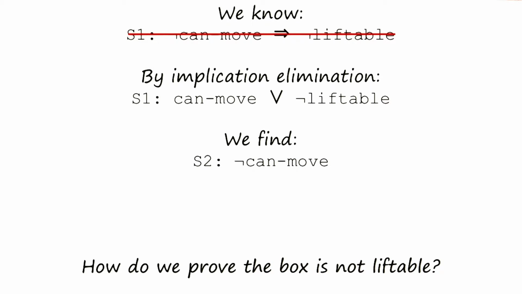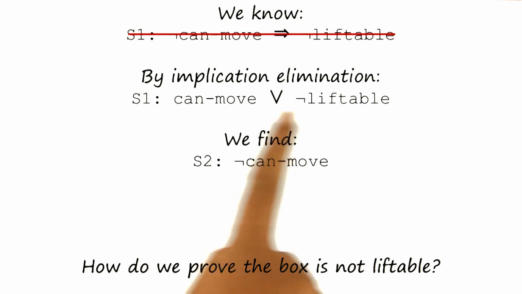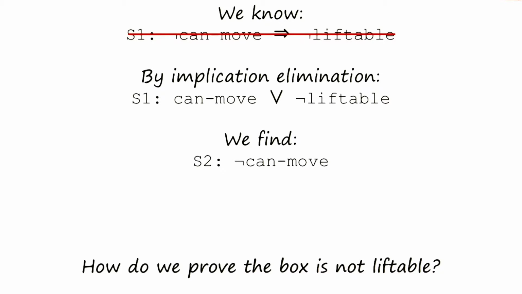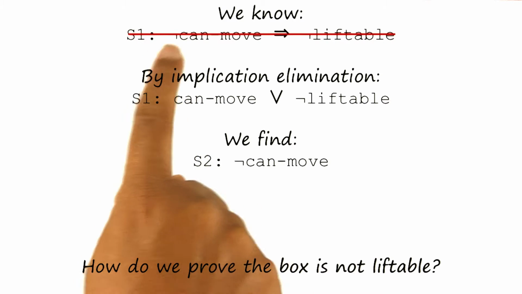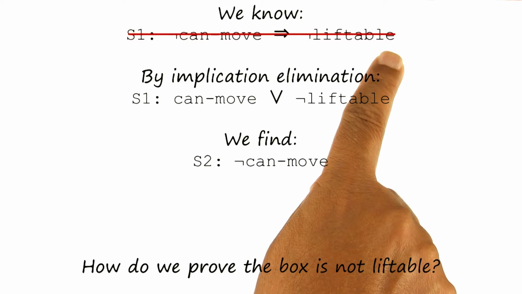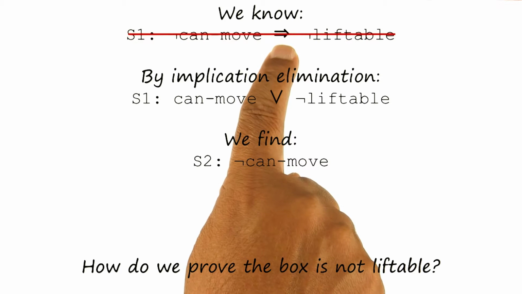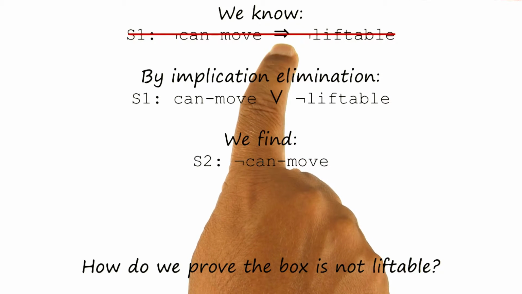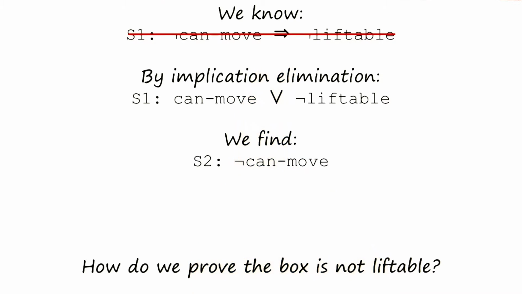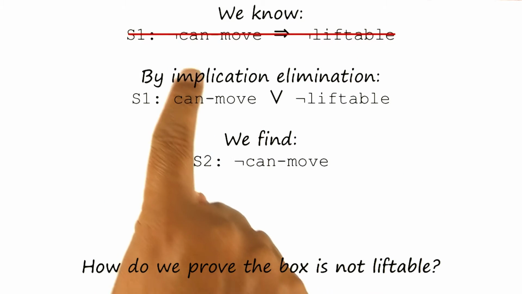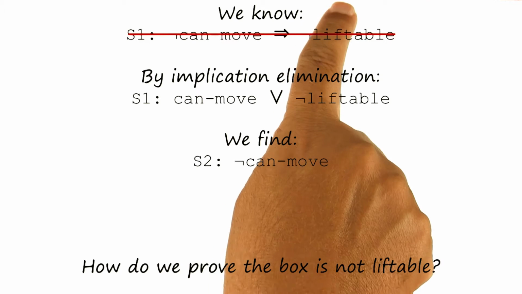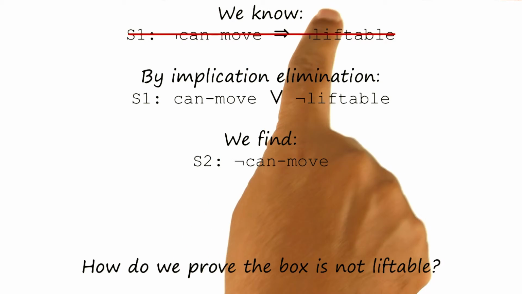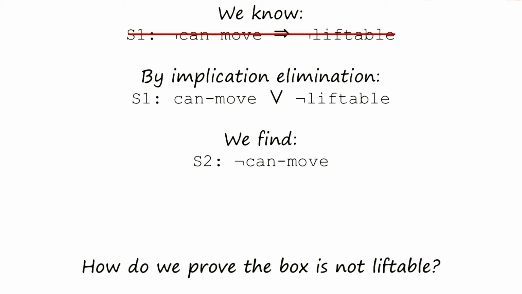Or it can be a conjunction of disjunctions of literals. In this example, the third condition doesn't occur. So the first thing we must do is take the first sentence, cannot move implies not liftable, and remove the implication, because an implication cannot occur in conjunctive normal form.